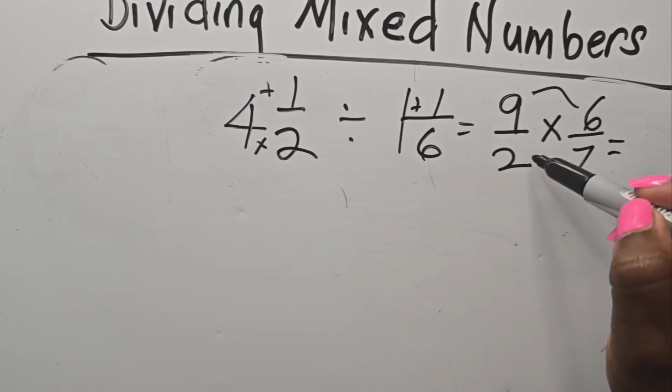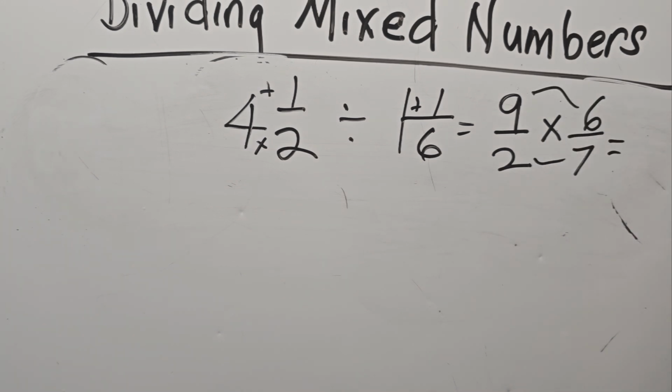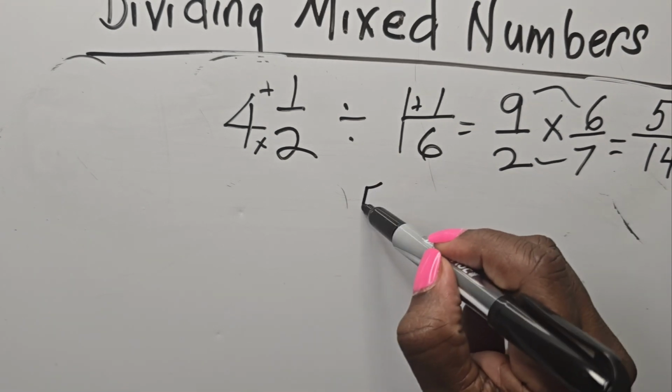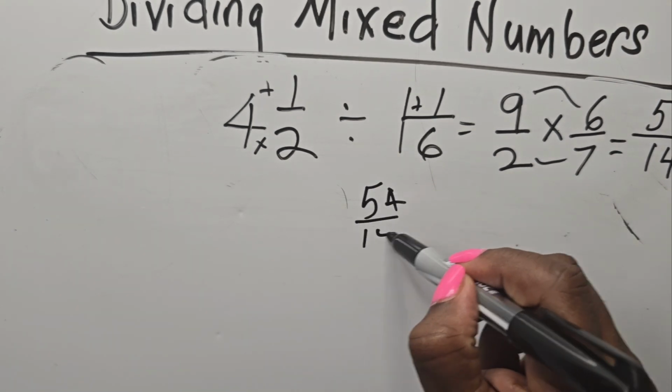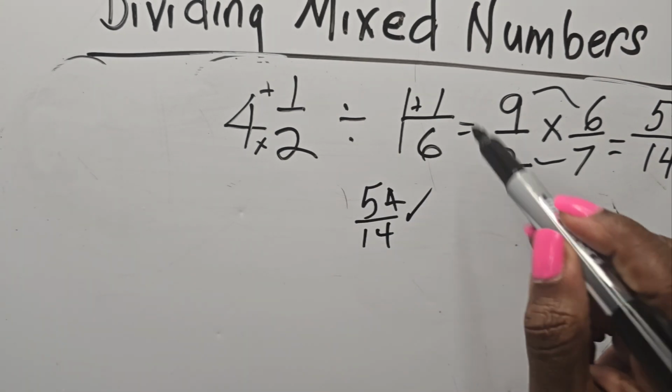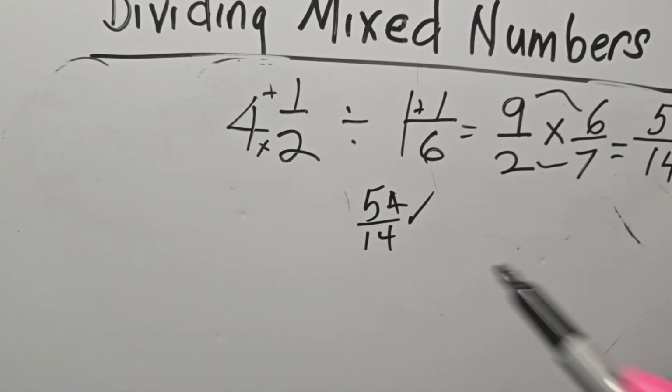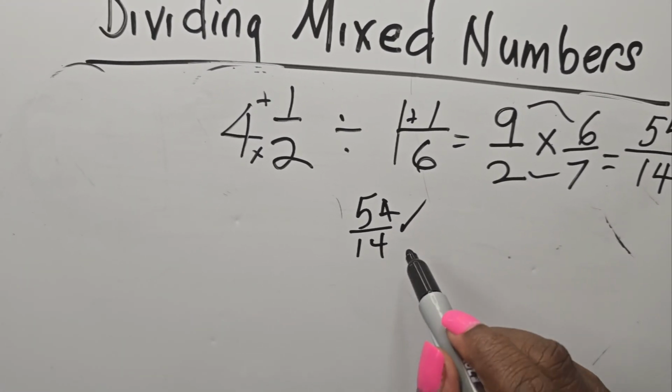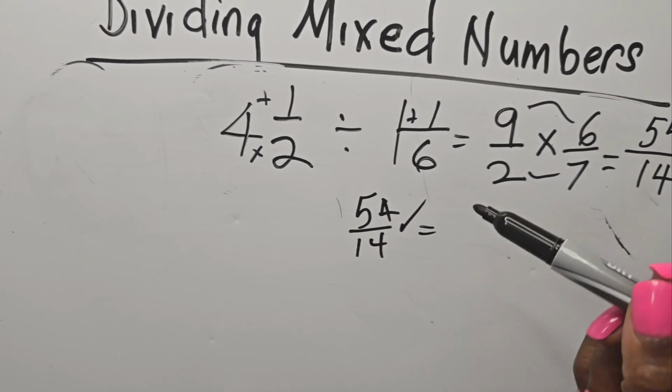So now I just cross multiply because that's the easiest. 9 times 6 is 54 over 2 times 7 is 14. You can leave it as 54/14 and get it correct. But if you're doing multiple choice, the teacher says, I need you to reduce your fraction to the lowest term.